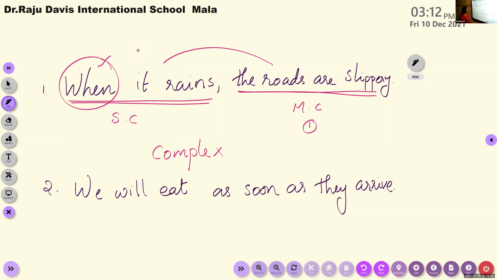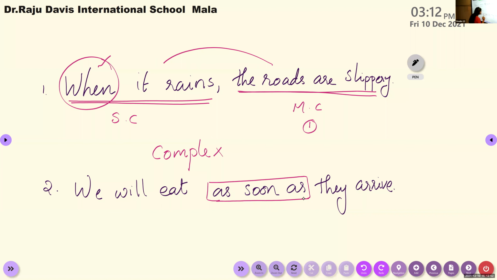So tell me, which is the subordinating conjunction used here? "As soon as." Excellent. "As soon as" is the subordinating conjunction. Now you tell me the subclause. "As soon as they arrive" is an example of a subclause. Very good. Now the subclause is connected to the main clause.